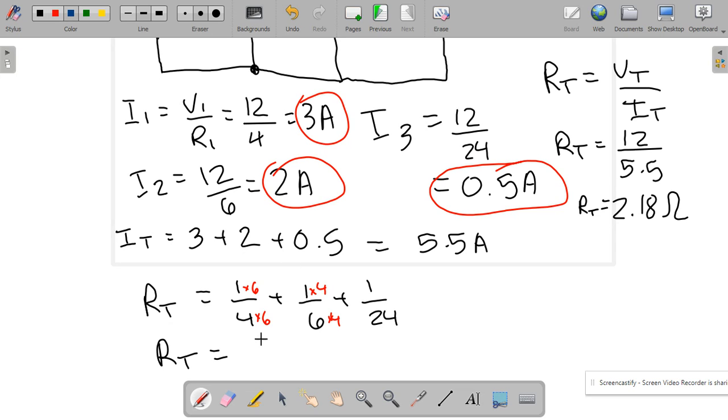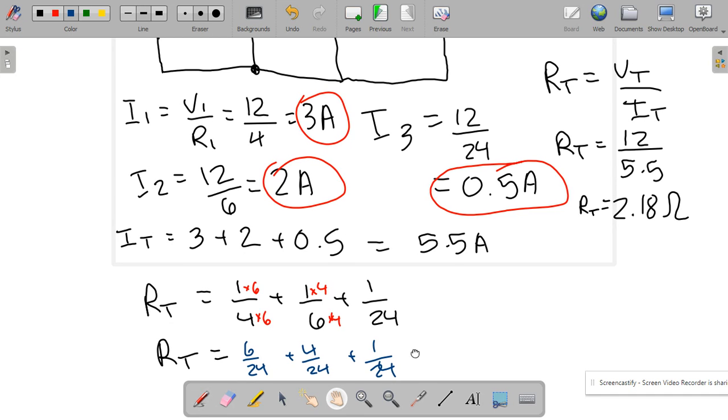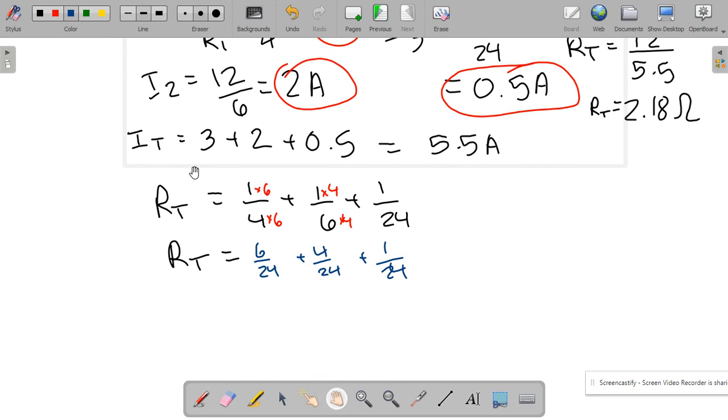So I'll do this in blue here. So we get 6 over 24 plus 4 over 24 plus 1 over 24. Now, when you do that, you should get 11 over 24. So 1 over RT is 11 over 24.